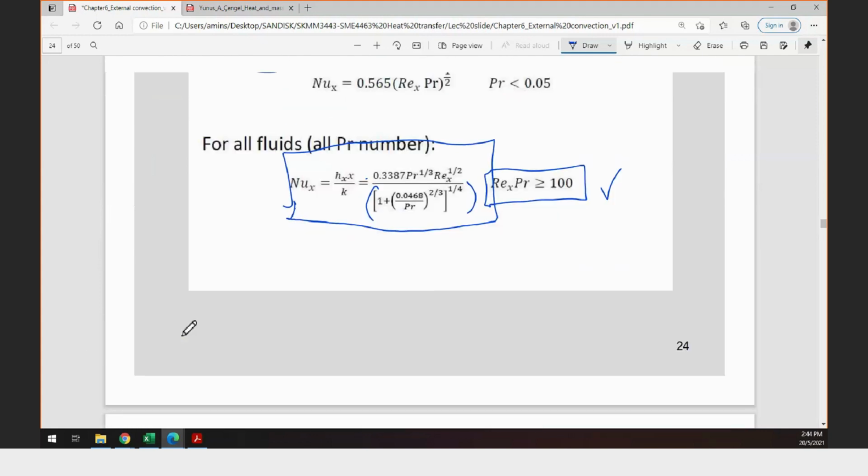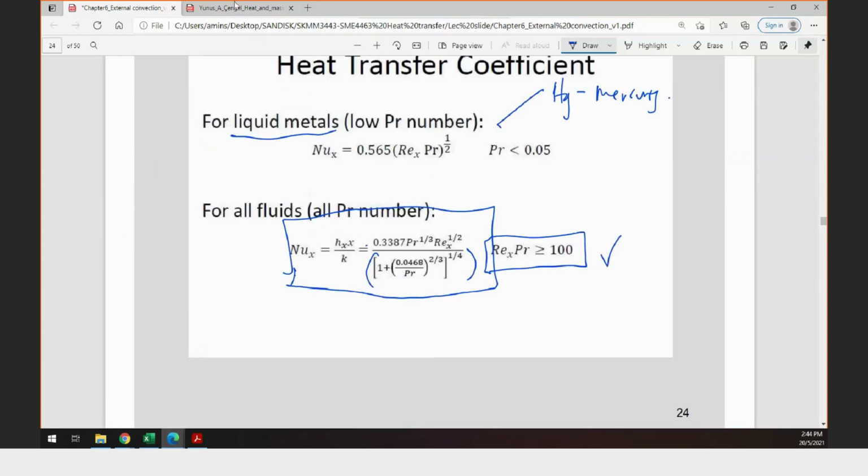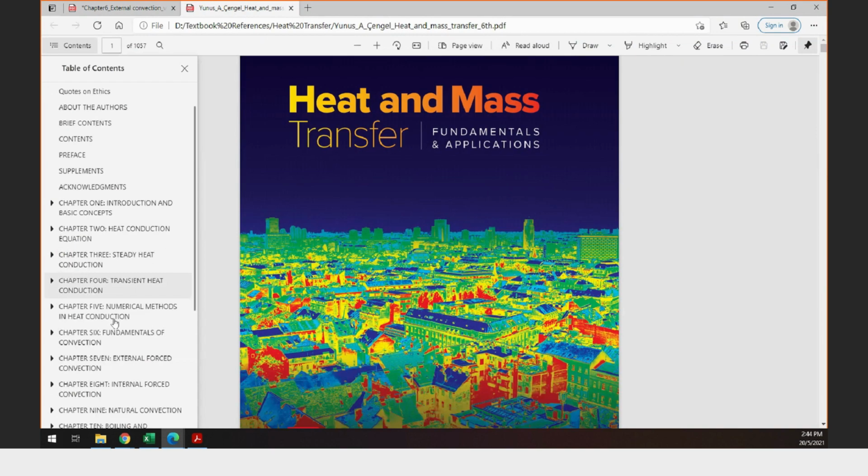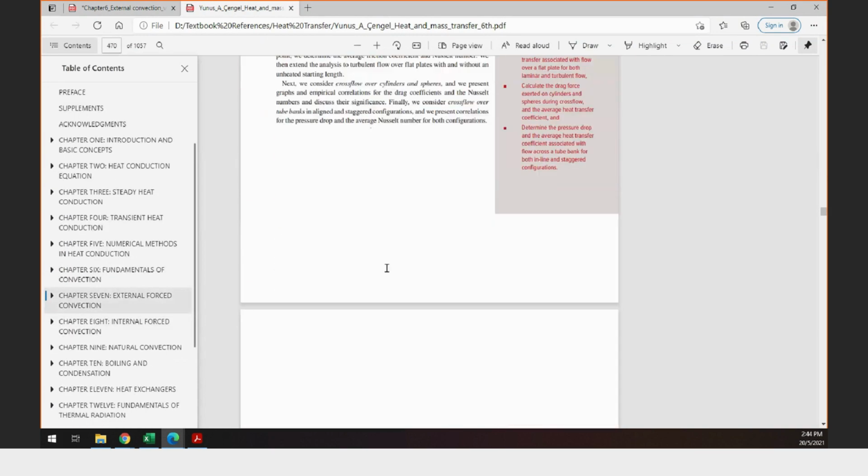Okay. So let me see some of the equations in the textbook.